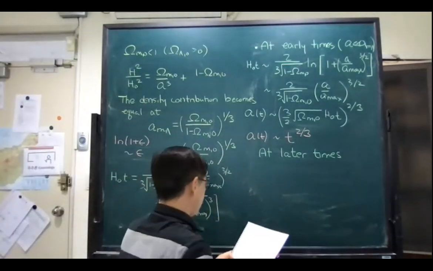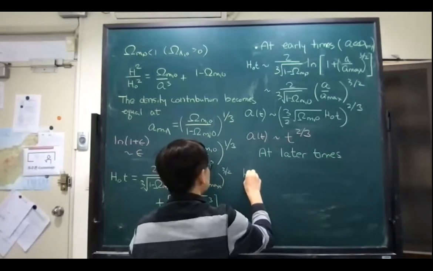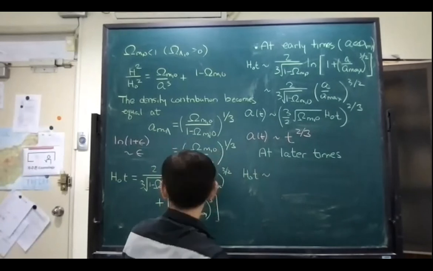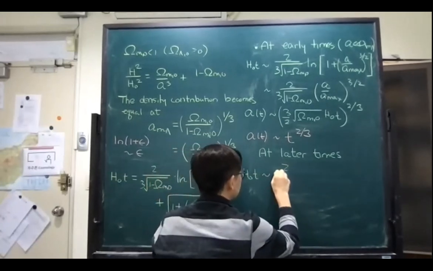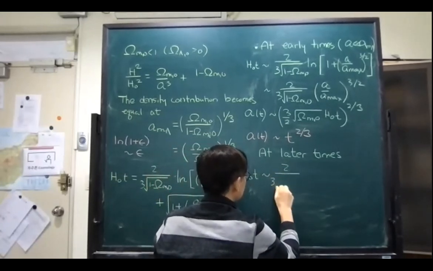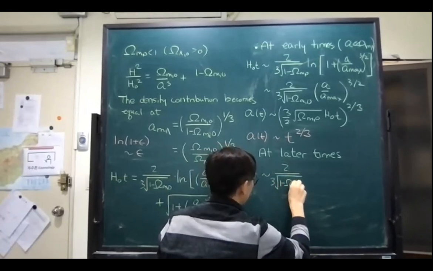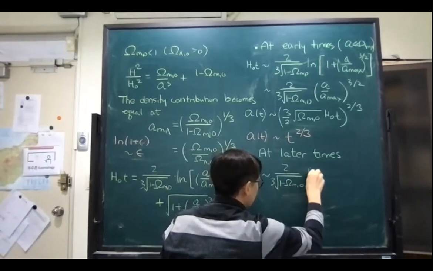So because of that, we have H0 t approximately, again, this factor 2/3 square root 1 minus omega m0. Now I have log.